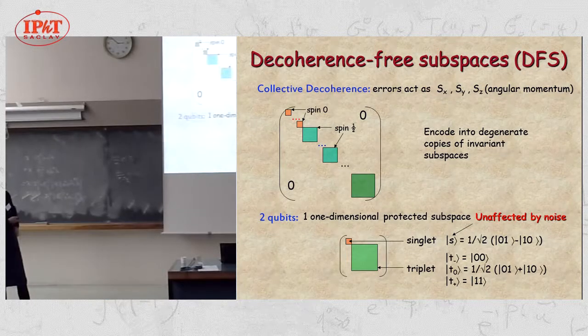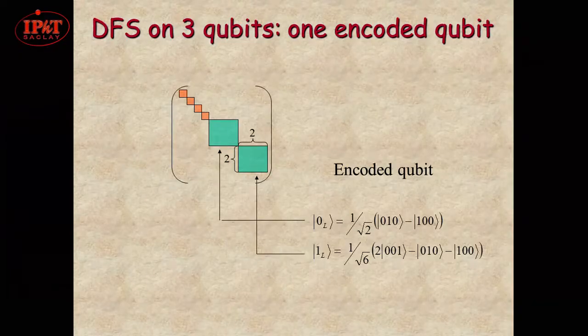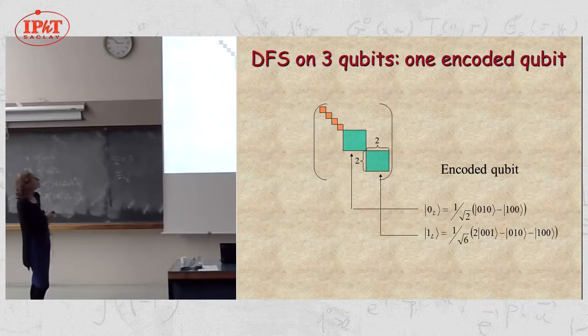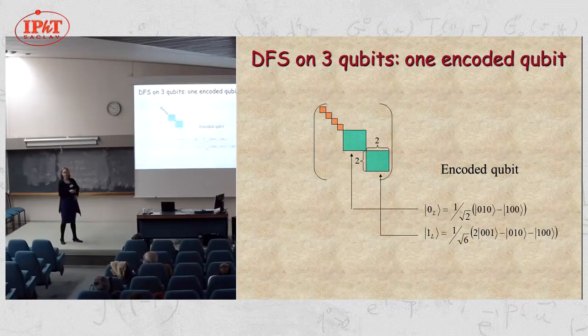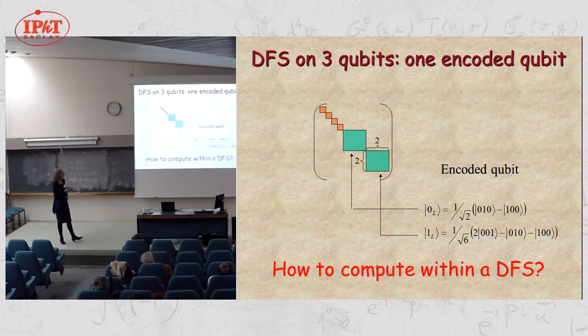And for 3 qubits, we get the first genuine encoding of a qubit, where we can use these 2-dimensional subspaces in the irreducible representation. These are identical copies of the same operator in some basis. And we can encode our qubit into these spin half states, for instance. And then they will be protected against this noise.